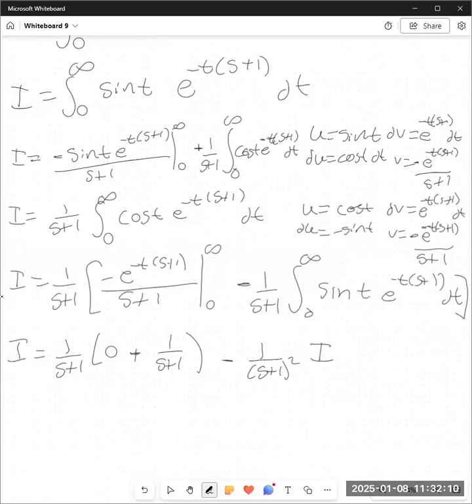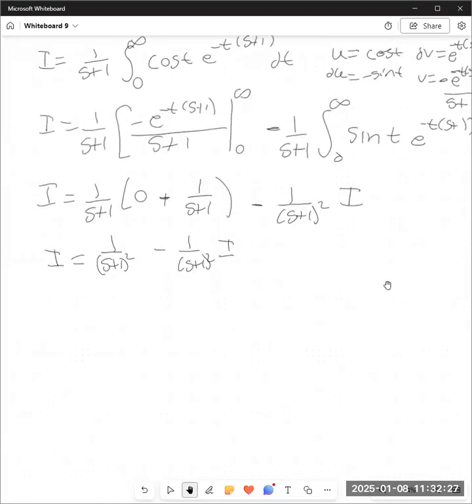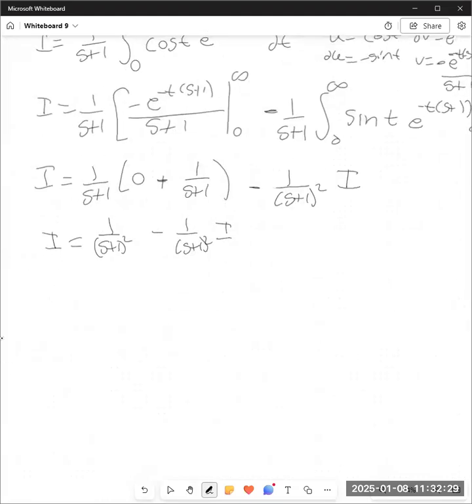So I have I is equal to 1 over s plus 1 squared minus 1 over s plus 1 squared times I. So 1 plus 1 over s plus 1 squared, times I, is equal to 1 over s plus 1 squared.